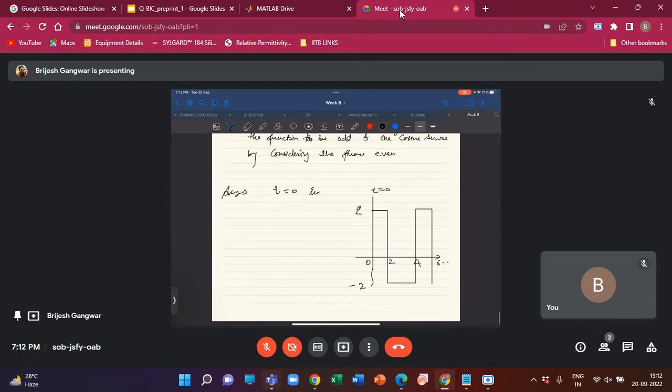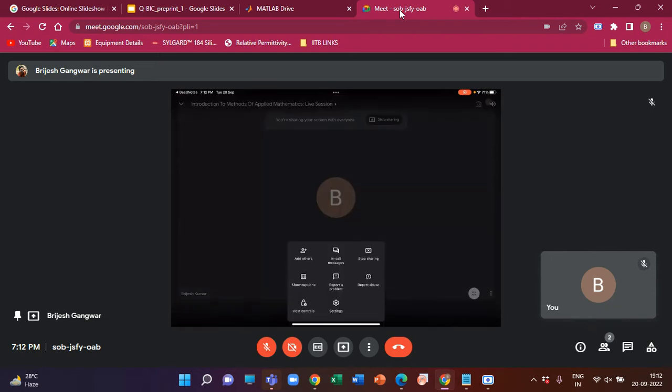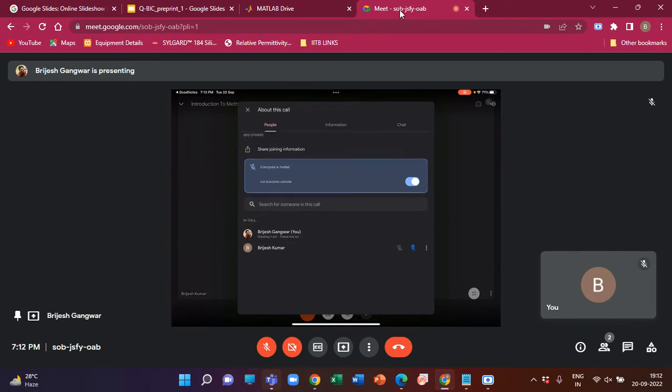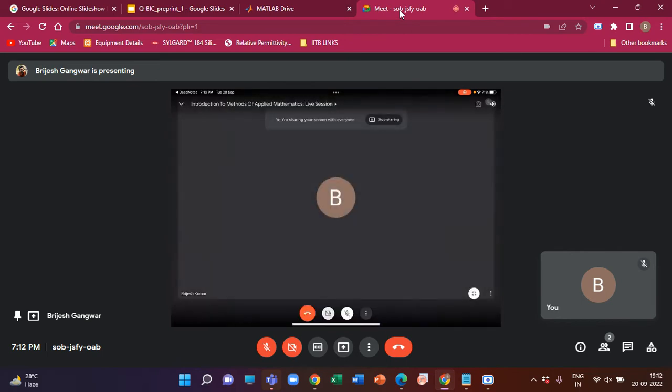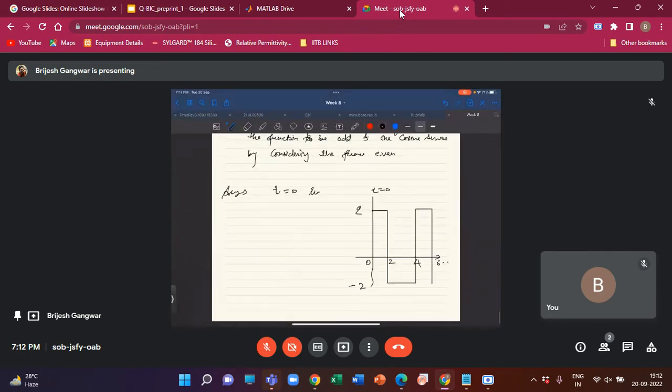So at t equal to 0, the function f we first consider is equal to minus 2 when t is greater than minus 2 and less than 0, and it will be 2 when t is less than 2 and greater than 0.